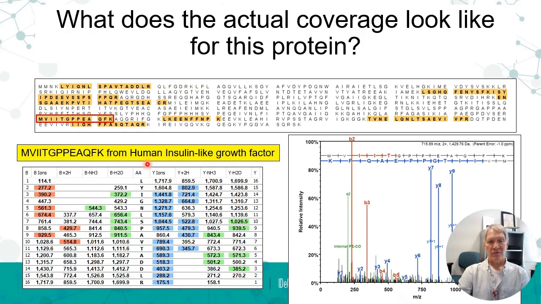This table shows you all the theoretical masses that would be calculated by taking a peptide of this makeup and breaking it apart into fragments. And then from algorithms, we know the relative heights or intensities of these different fragments in a piece like this.